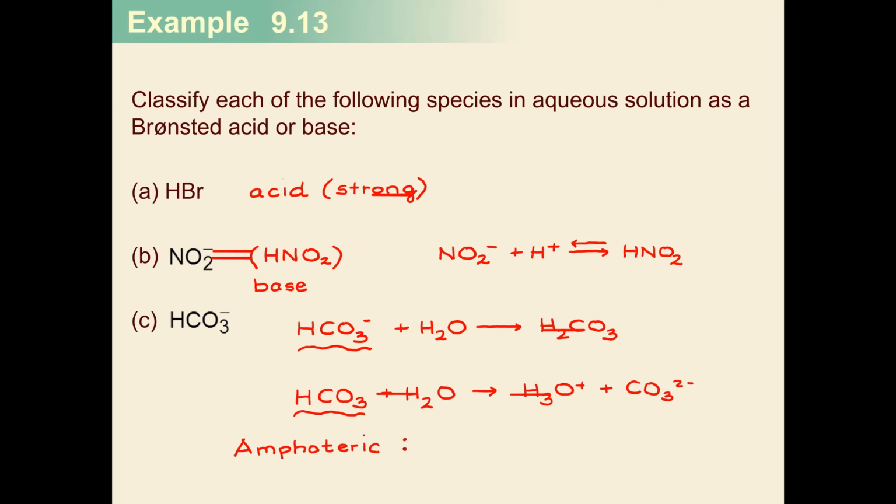Another species that lends its characteristics to being amphoteric is going to be water. As you also notice in our upper reaction, if our HCO3 1- is acting as the base, that means that the water has to be an acid. And vice versa when we are dealing with our second reaction. So it's really important that you understand the characteristics of what we are going to do.